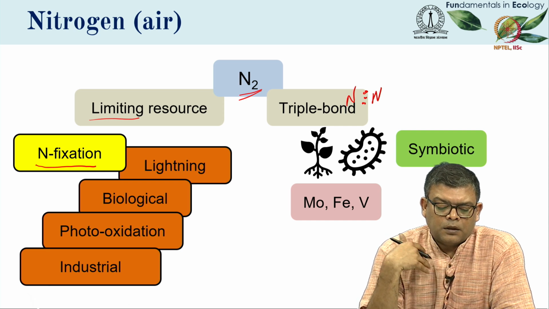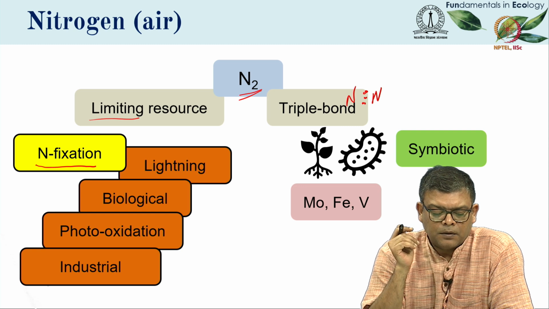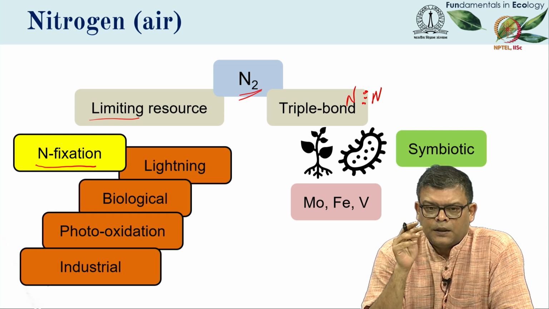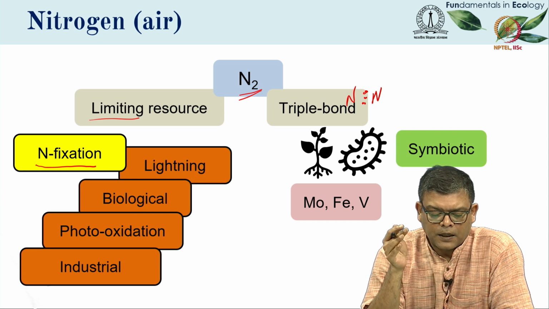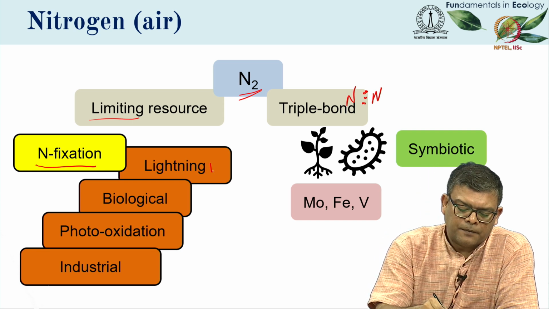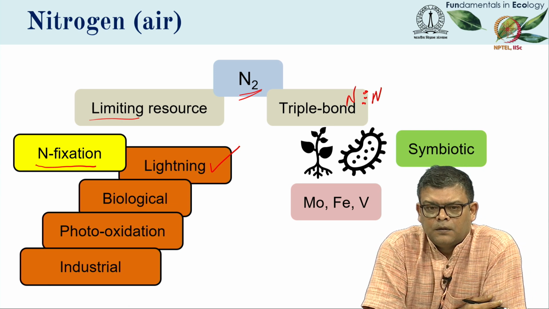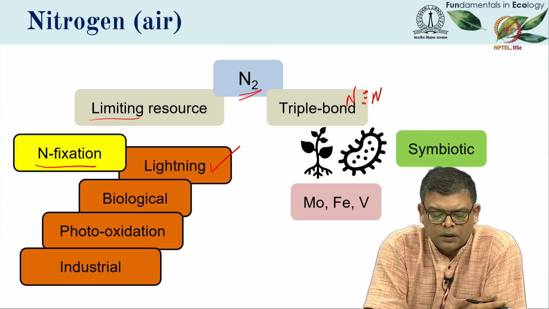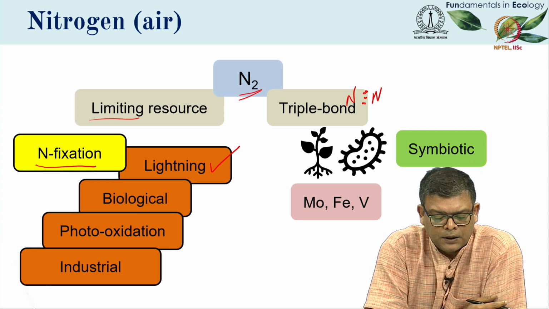So in the Earth's history, in deep history, paleo-Earth conditions, the main form of nitrogen fixation was using the energy provided through lightning from the sky. Lightning is thought to be the original source of nitrogen fixation. Lightning has played a role in fixing nitrogen for a very, very long period in Earth's history.